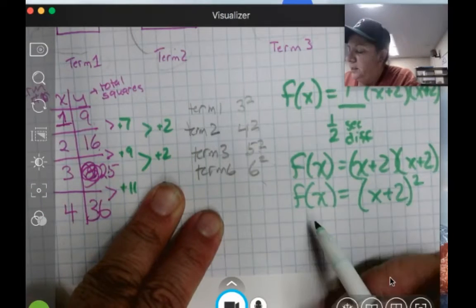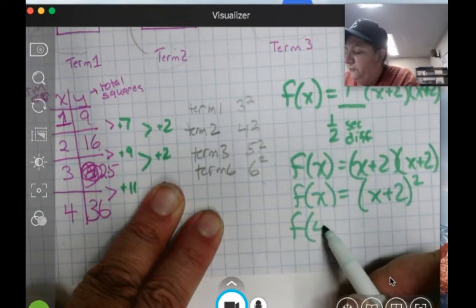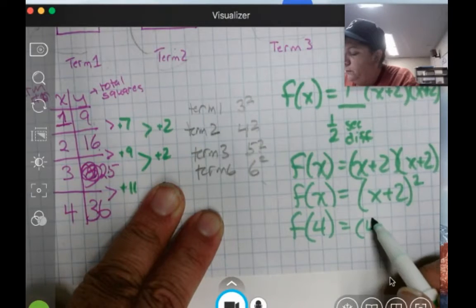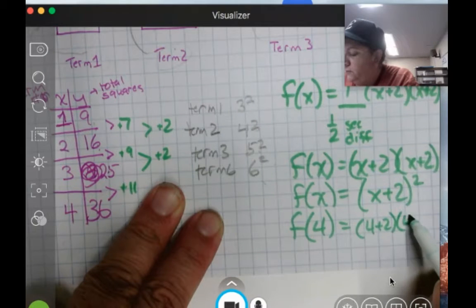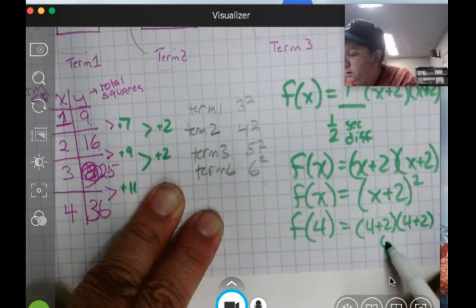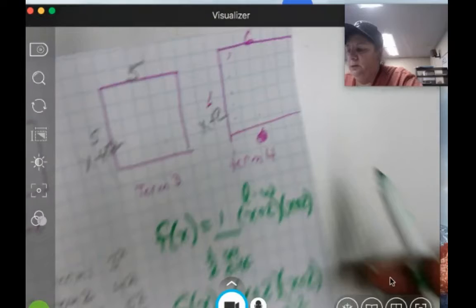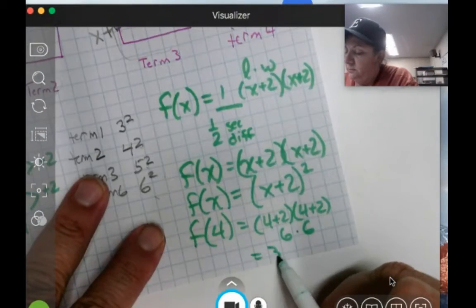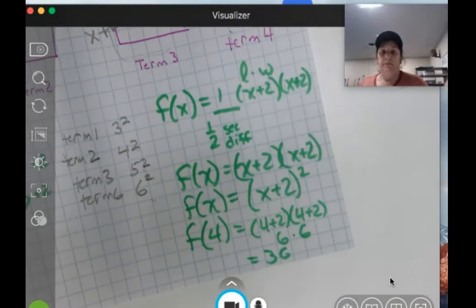And then let's test it. Let's see if it works for f of 4. Is f of 4 4 plus 2 times 4 plus 2? Is it 6 times 6? Yeah, it really is. 6 times 6. It's 36. Boom.